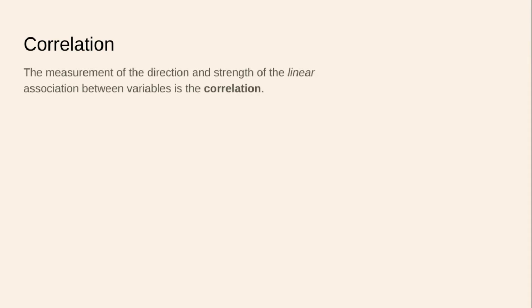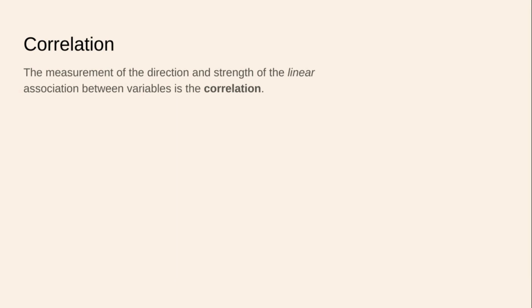Now we're going to talk about correlation, which is often confused with the term association, though there is a key difference. The measurement of the direction and strength of a linear association between variables is the correlation. So the relationship itself, as we have described it, is called an association between variables.